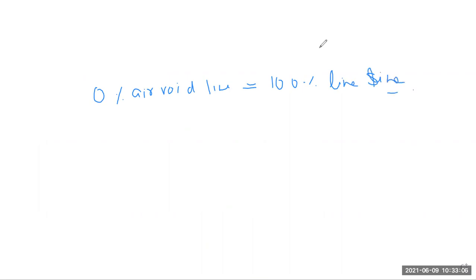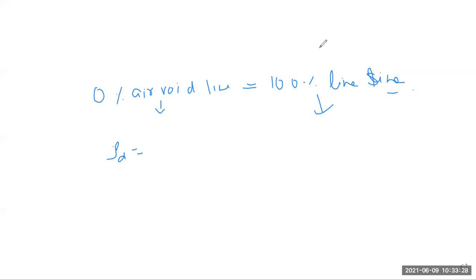Okay. So we can write for the 0% air void formula rho D. For this condition we use the percentage air formula, and for the 100% saturation line we use the saturation formula.